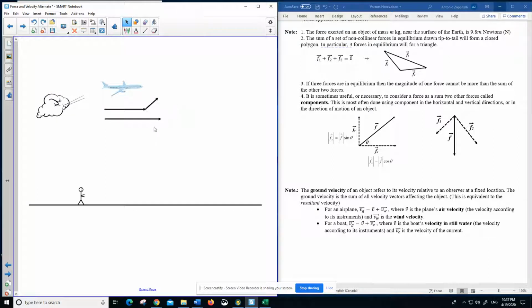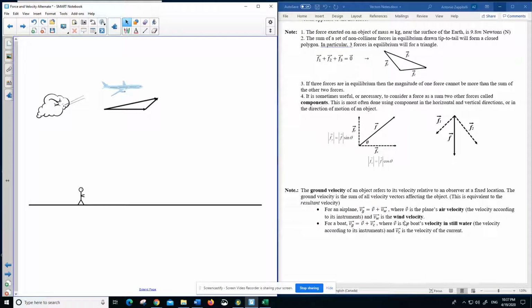Then the resultant velocity, what someone would see on the ground, would be this velocity here. Okay, so the resultant or ground velocity is equal to what we call the air velocity, the velocity that the pilot gives the plane, plus the wind velocity, and the sum of those two gives you the net, or what we call the ground velocity.